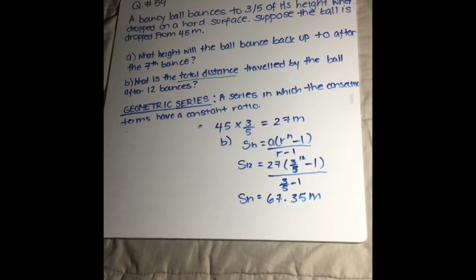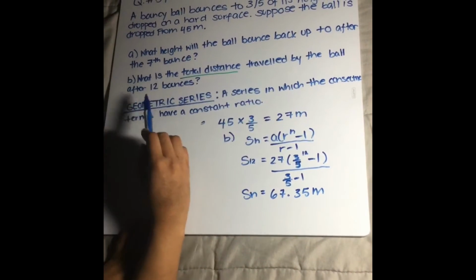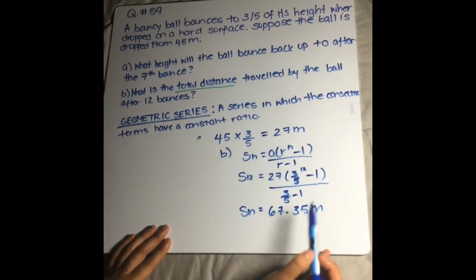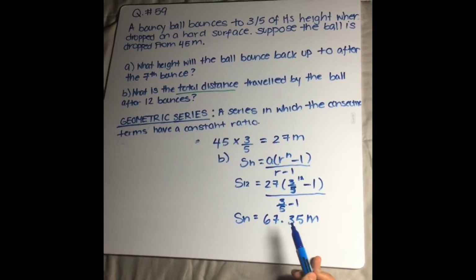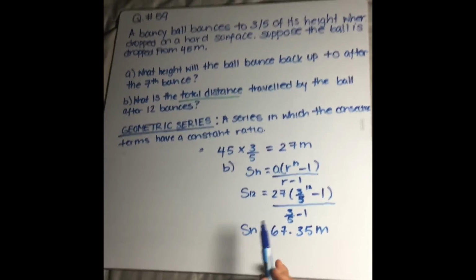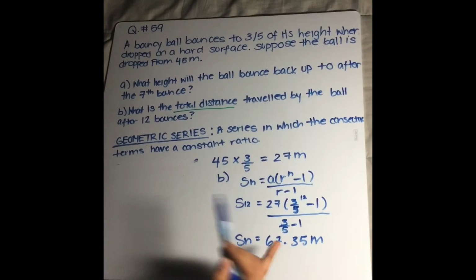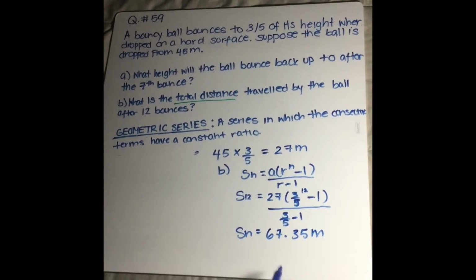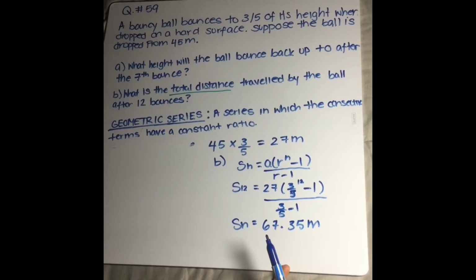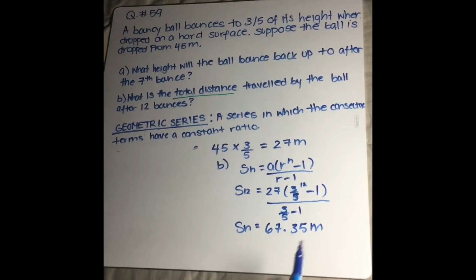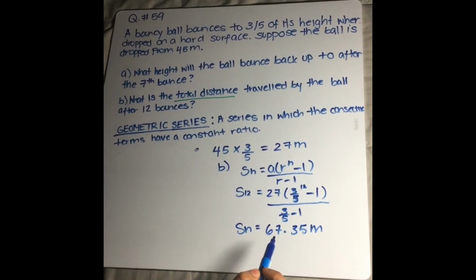However, we're not done here, because they want the total distance traveled by the ball after 12 bounces, and in order to answer the question properly, you have to define the bounce as a journey taken by the ball between two impacts. So to determine the total distance traveled by the ball, you have to look at it up until the 11th impact.